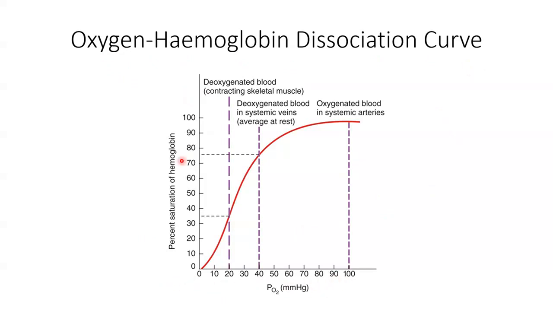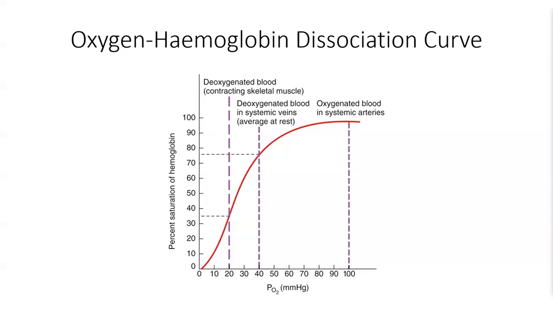We have the percent saturation of hemoglobin here, and remember that that just means how many of those 4 iron molecules have oxygen molecules bound to them. And you'll note that at high partial pressures of oxygen, the hemoglobin is really well saturated. At low partial pressures of oxygen, the hemoglobin is less saturated.